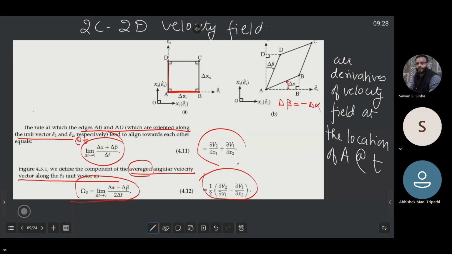It has to happen. This is along E1, this is along E2. The amount this edge moves away from this axis, the other edge will shift from the vertical axis by the same angle. For a rigid body, that will happen all the time. But a fluid element is not a rigid body, so these two have their own minds. Delta alpha becomes something, delta beta becomes something else.